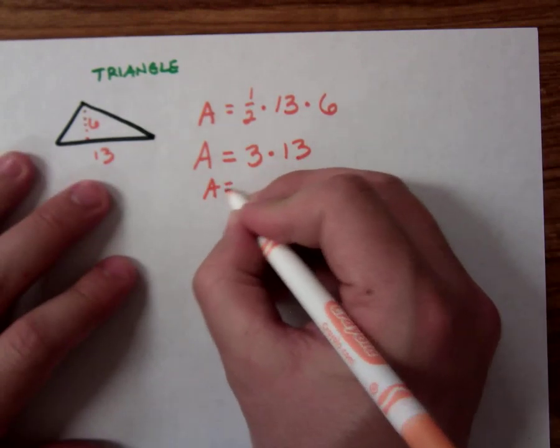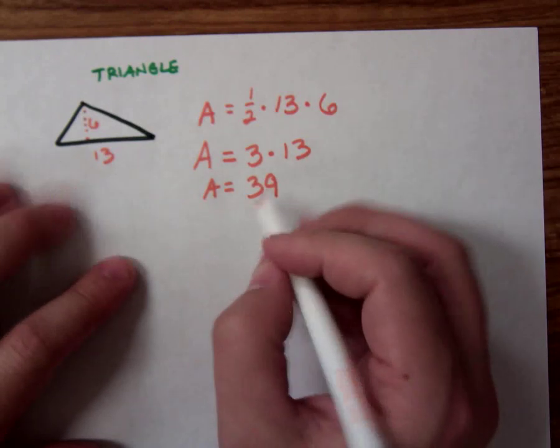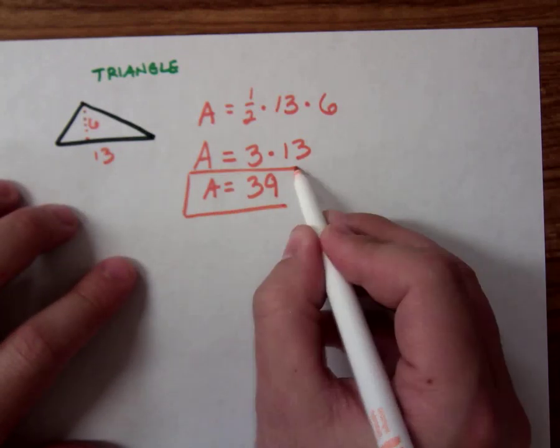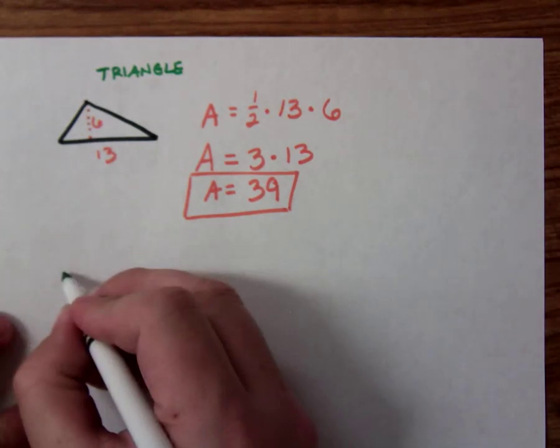And 3 times 13 is much nicer than half of 13 times 6. The area of that particular shape is 39. That doesn't seem bad at all. In multiplication, the order doesn't matter. Okay, let's try another one.